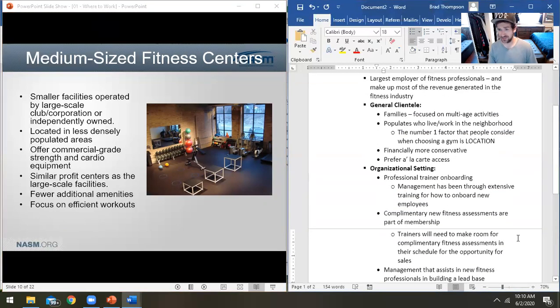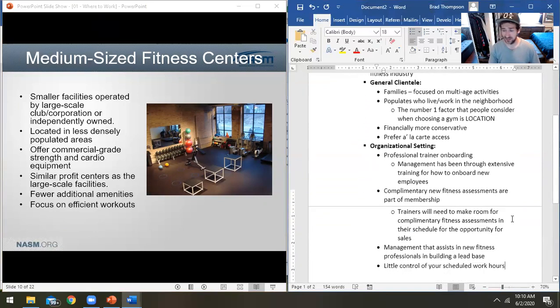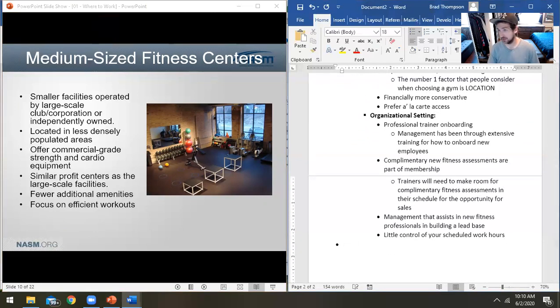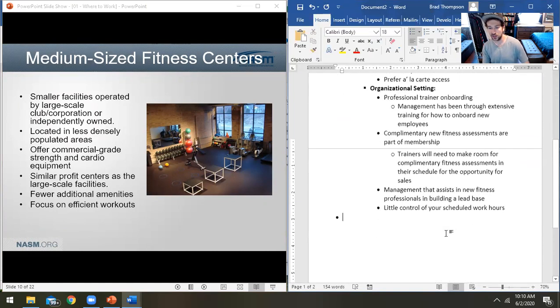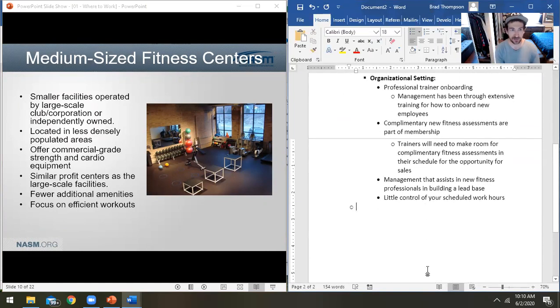And again, that's what working in a place like that is. You're just a cog in the wheel, and you don't need help from them. They don't need help from you. So next place, other than large scale gyms, you got medium sized, and these are great.